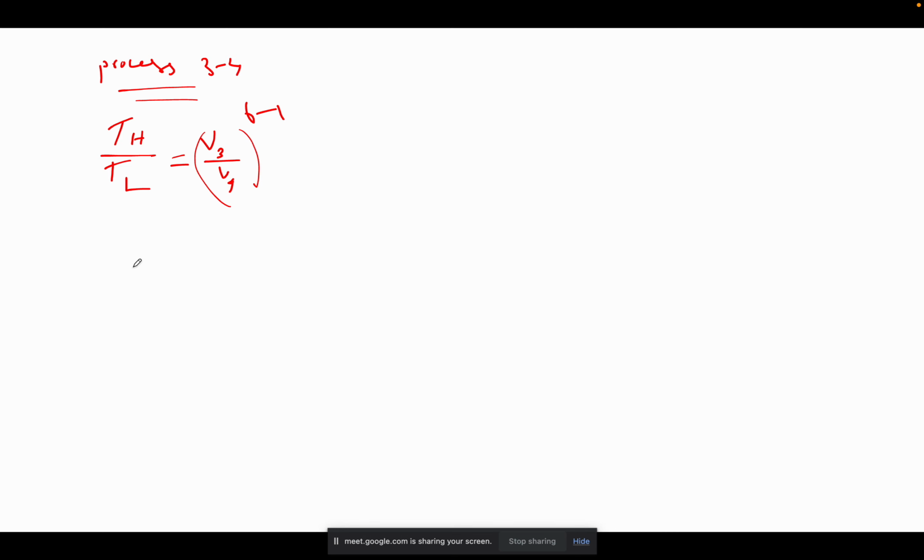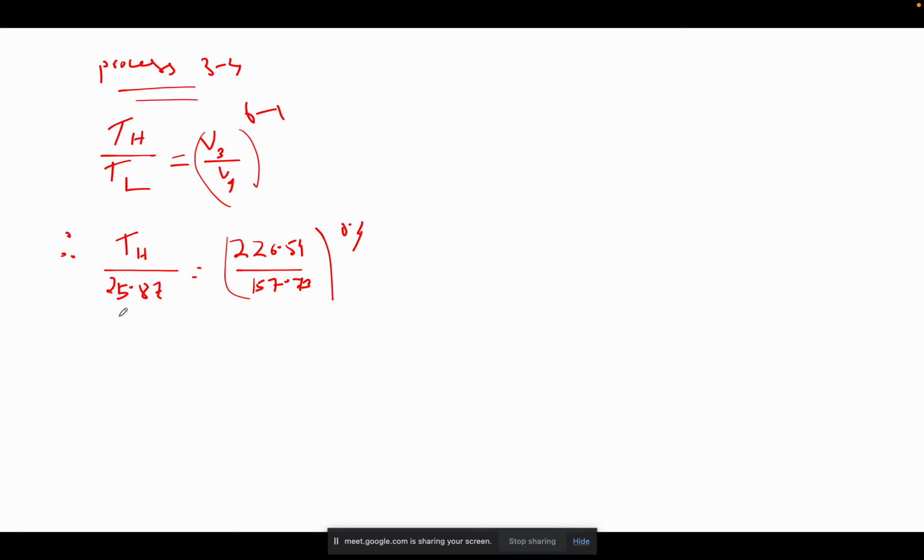Therefore TH divided by 25.87 is equal to 226.54 divided by 157.73 to the power 0.4.